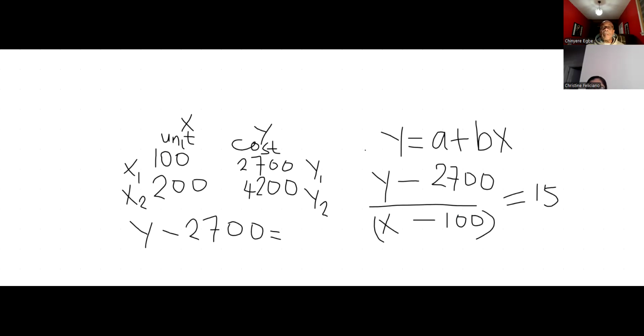Okay, so now you take what's at the bottom and take it up. When you take it to the right side, then you multiply it. Am I correct? Good. So with 15 times x minus 100.